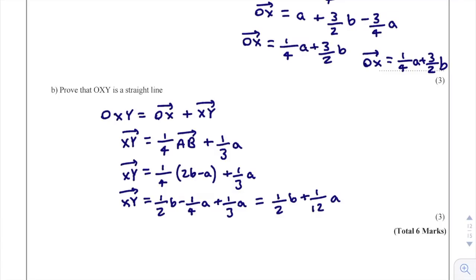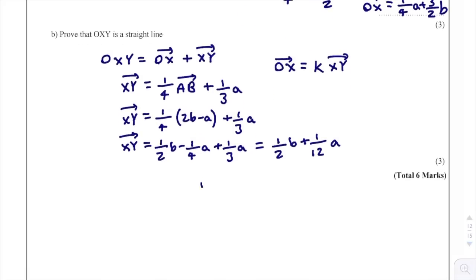So what we would expect is that the vector O to X is equal to some multiple, let's call it k, of the vector X to Y. That's basically what we're trying to show.